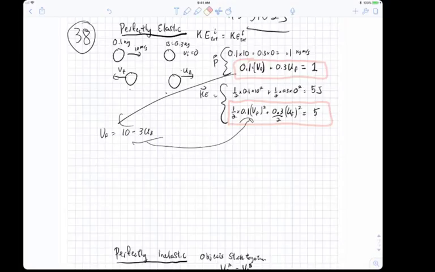So this particular expression becomes VF all squared plus 3 UF all squared is equal to 100. So this is going to be 100 minus 60 UF plus 9 UF squared plus 3 UF squared is equal to 100.